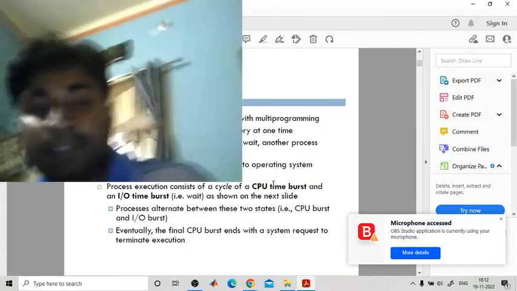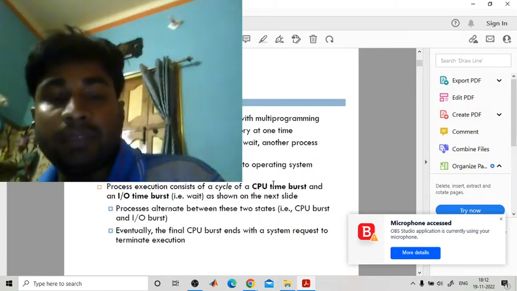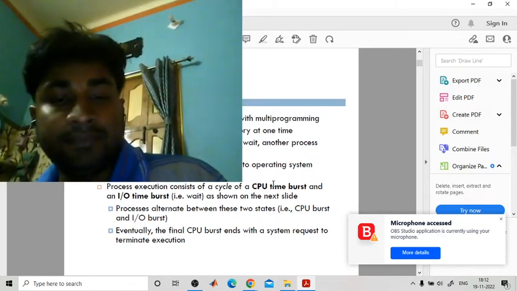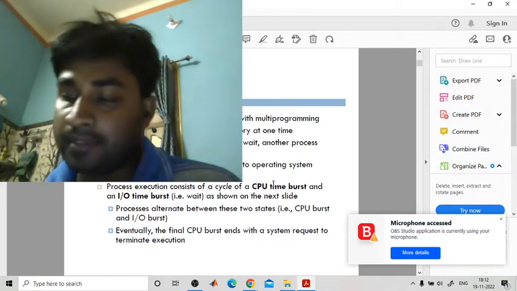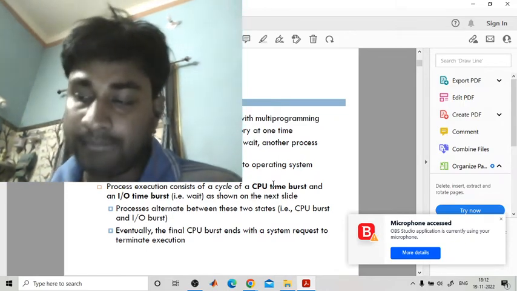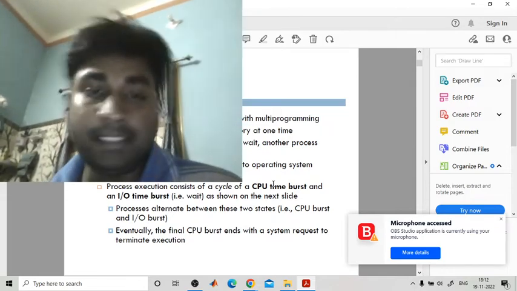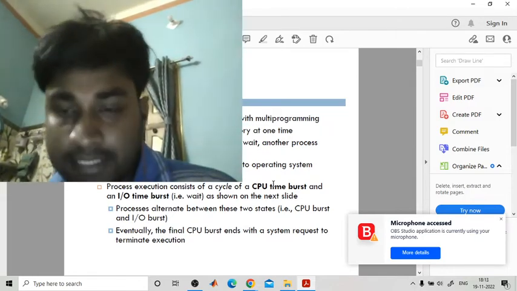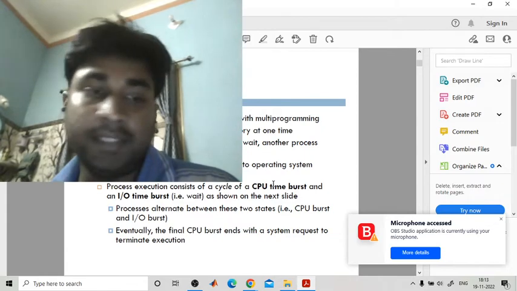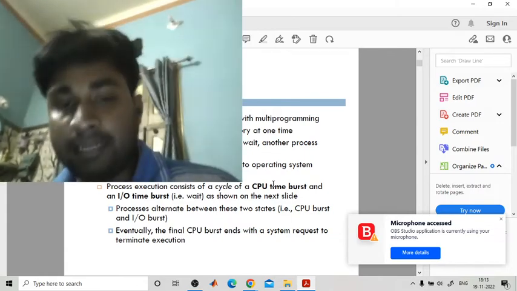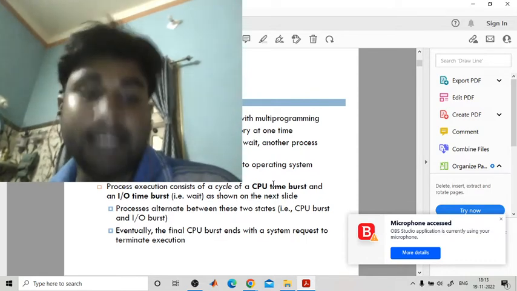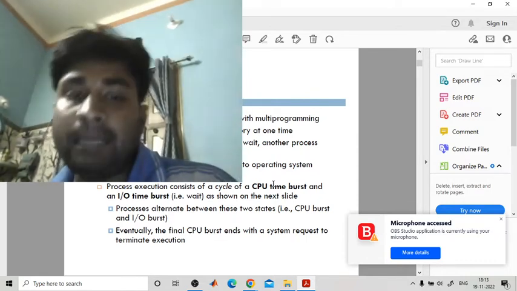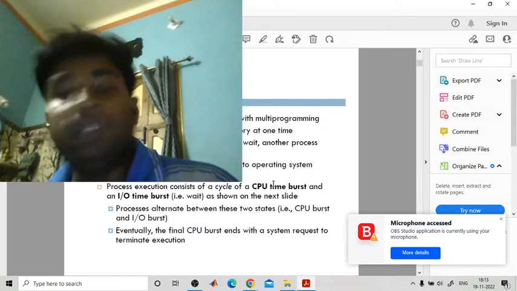When the CPU takes a particular process for execution, that state is called the running state. Then we have the waiting state. Waiting state means that a process may wait for input or output, that is, getting input or providing output.